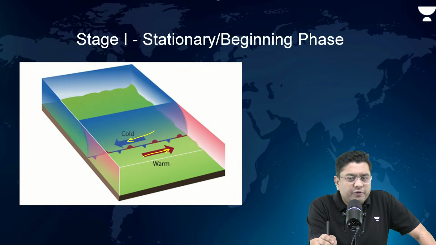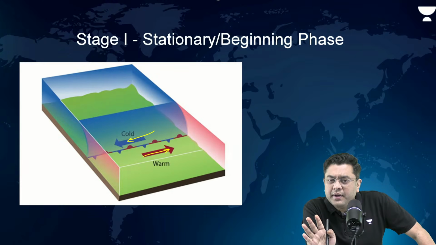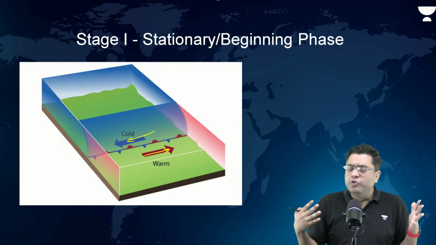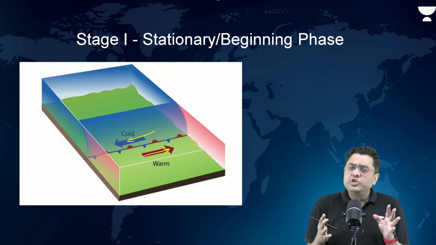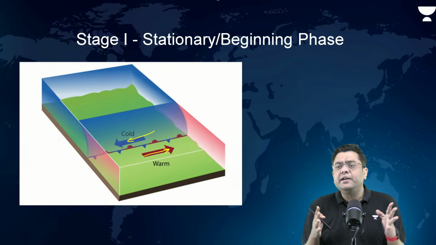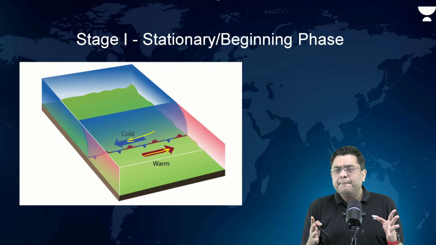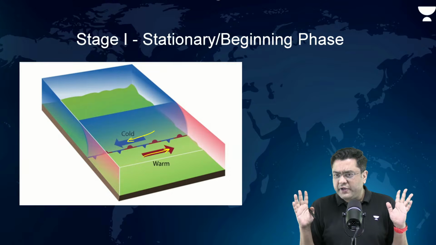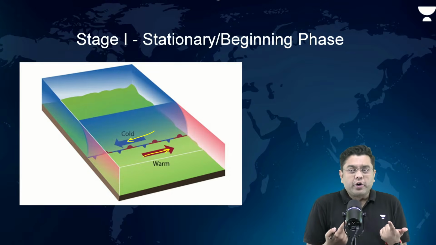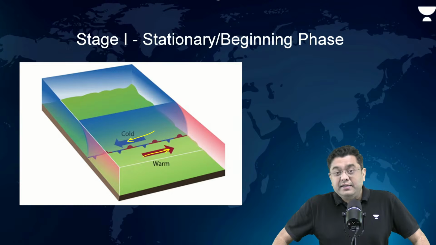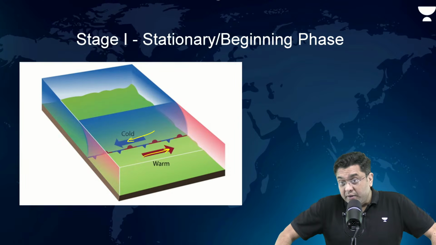Either frontolysis can occur after 14 to 25 days, if none of them move in each other's direction, homogenization or uniform formation will occur. The front will die there itself. So that is where you will have homogenization, or further frontal development can occur. Deepening of the front can occur.